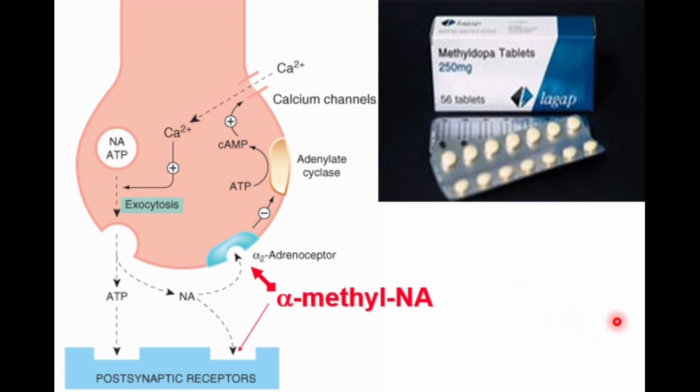Methyldopa is useful in treatment of hypertension in patients with asthma, especially those patients that cannot take beta blockers, and in pregnancy. It is relatively safer.